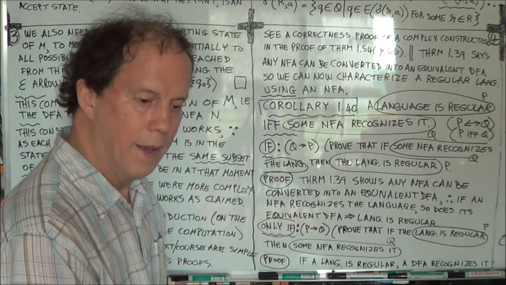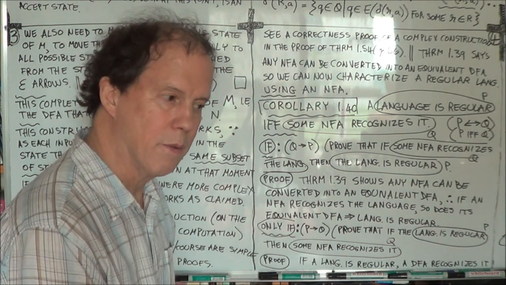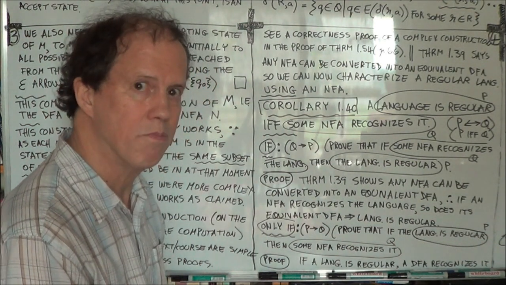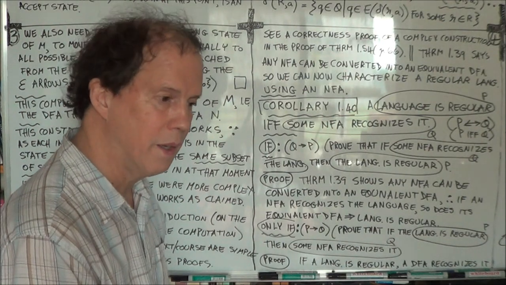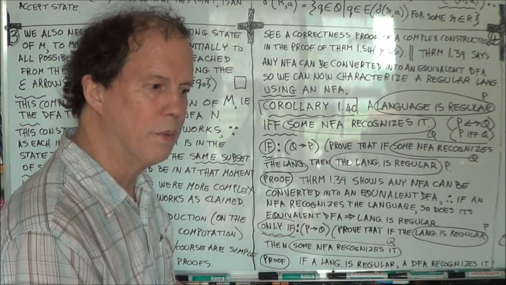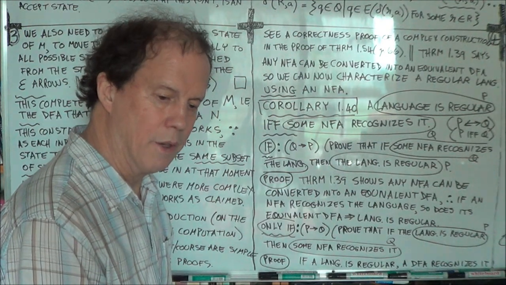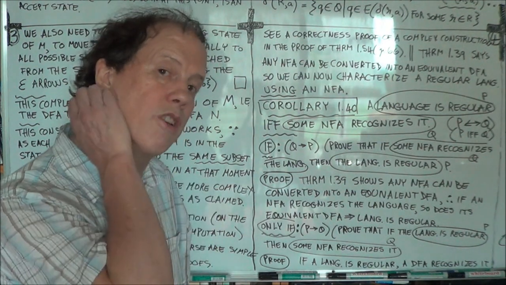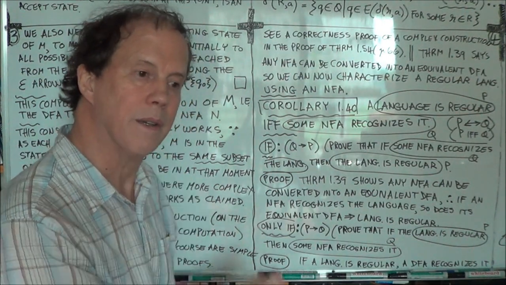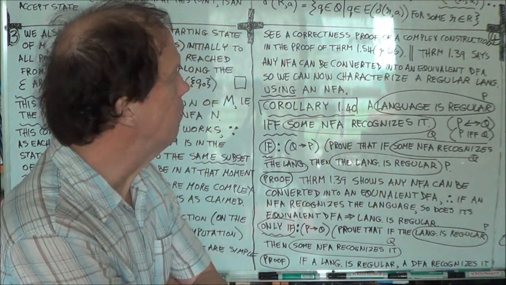We've constructed a machine M, a DFA that is equivalent to an NFA, and because it's pretty simple, we didn't need a correctness proof, meaning we didn't need a proof to show that the construct does the job required, that it actually does simulate accurately what the NFA is doing. Okay, we don't need that proof.